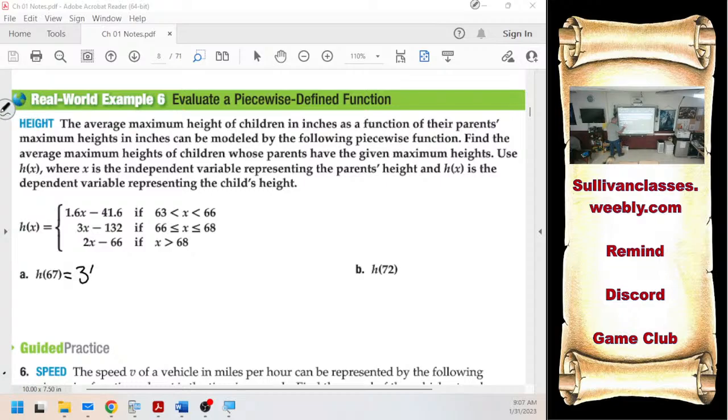That's it. It tells you which of the rules to follow and when. I plugged 67 into this rule because 67 meets that criteria. It tells you when to use that rule.